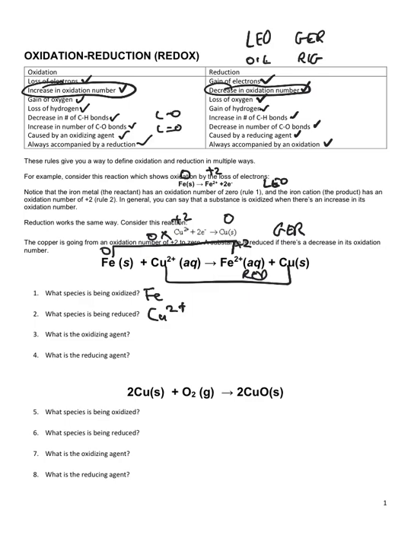So what's the oxidizing agent? The oxidizing agent is causing the other thing to be oxidized. So what was oxidized? The iron. So the oxidizing agent has to be the Cu2+. That's oftentimes confusing to people, so don't let that happen to you.